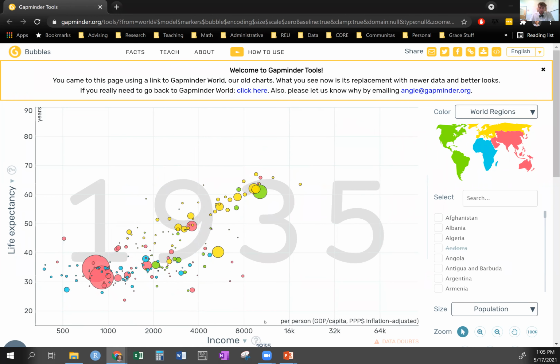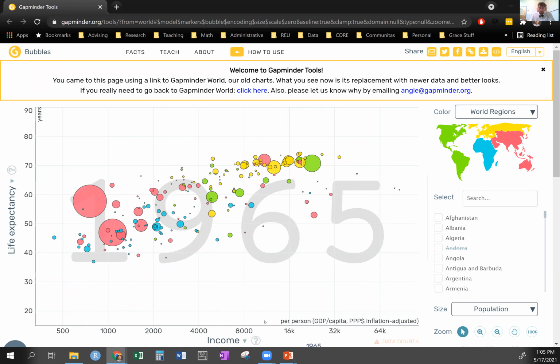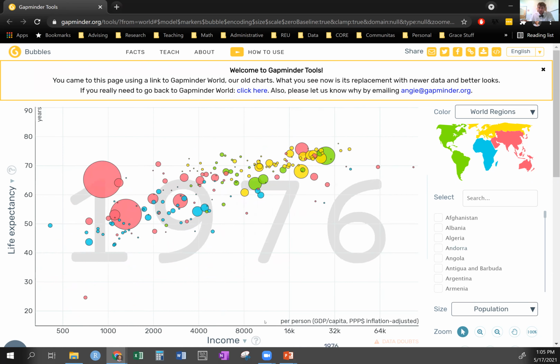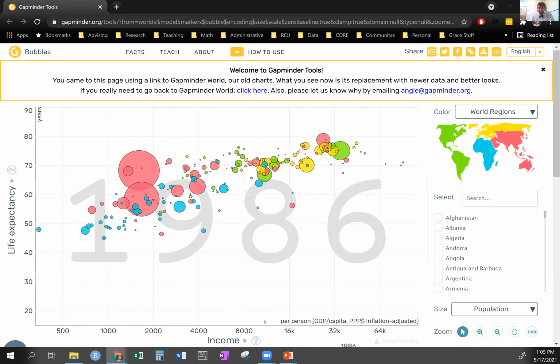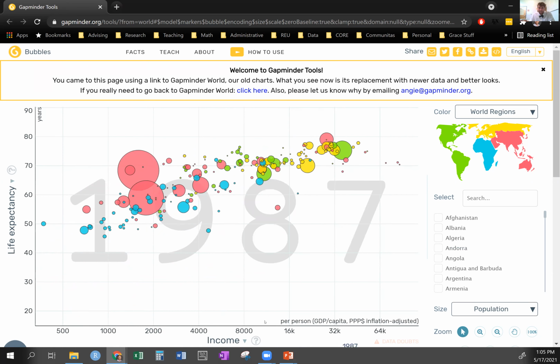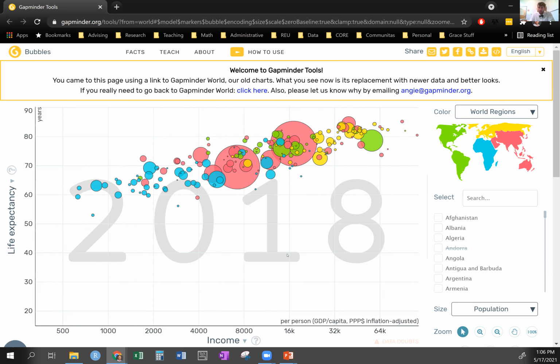And then things are moving around. Things are moving forward. Income and life expectancy are increasing across the globe. That brings us to 2018 when this graphic stopped.